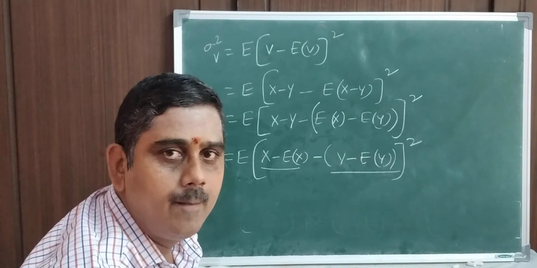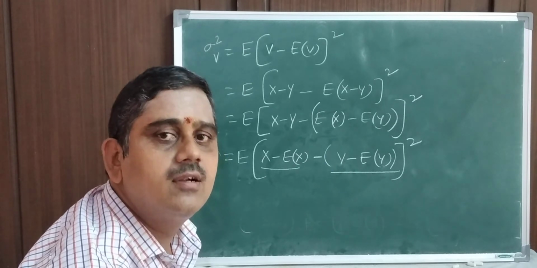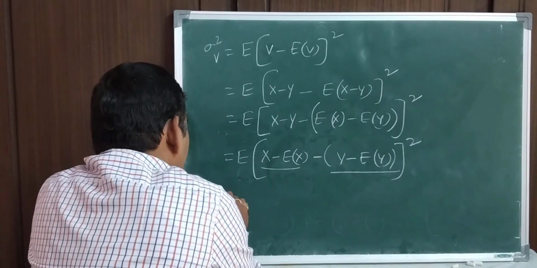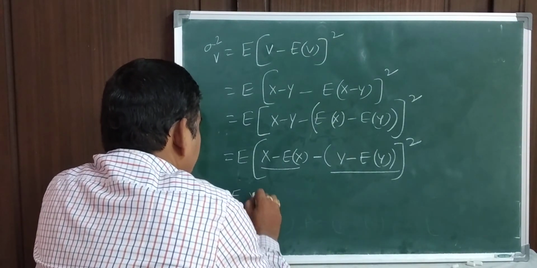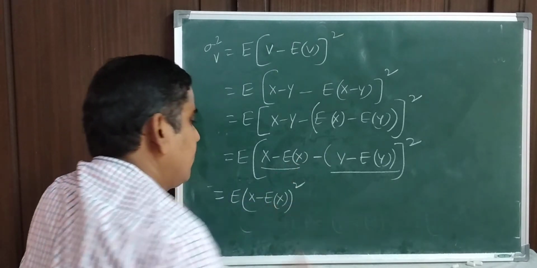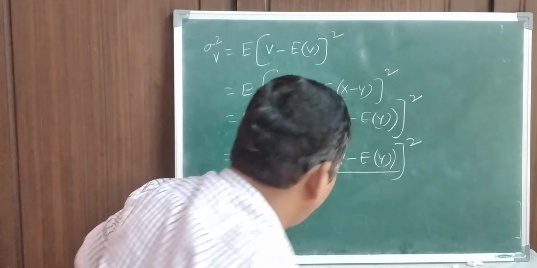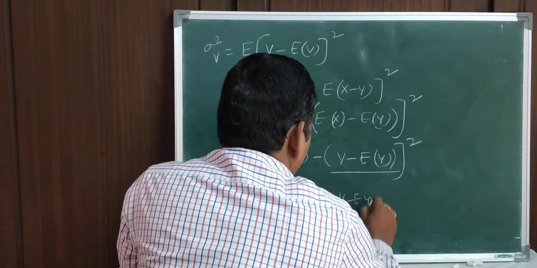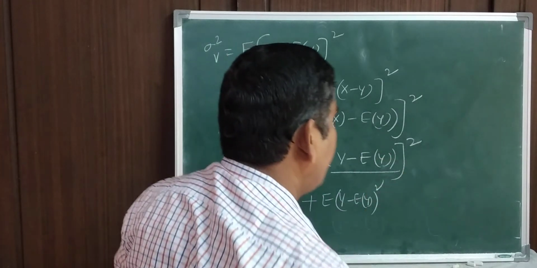Now I do the square and then take expectations. What will you get? Is equivalent to (a minus b) whole square. The first term, the expectation of x minus expectation of x, the whole square, a square, plus b square term, the expectation of y minus expectation of y, the whole square, minus 2ab.